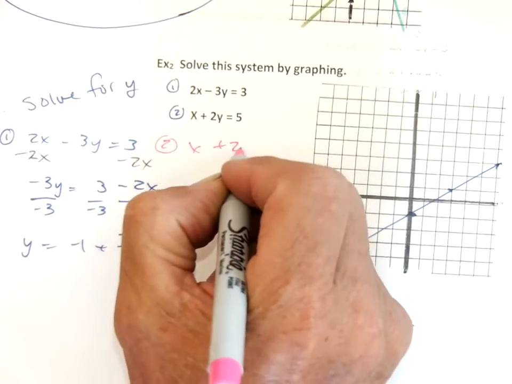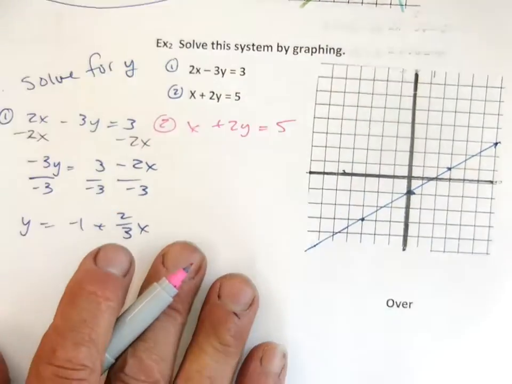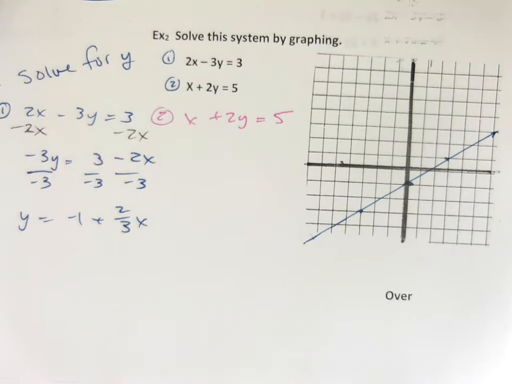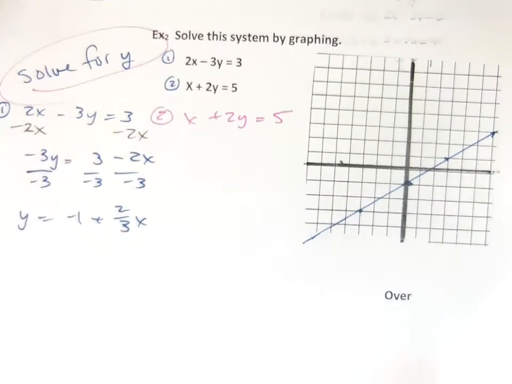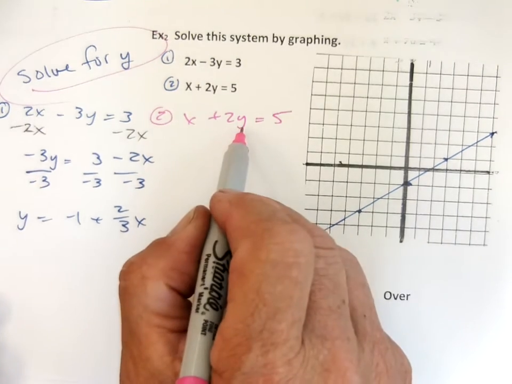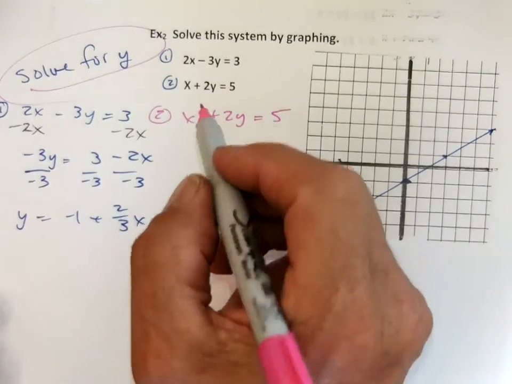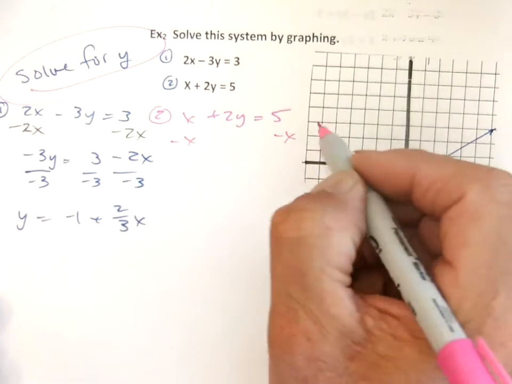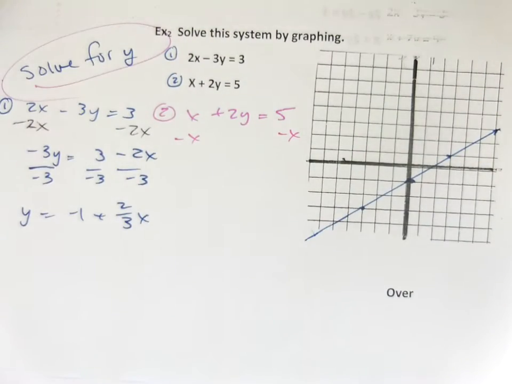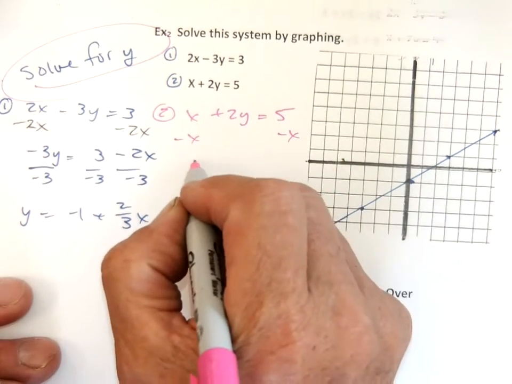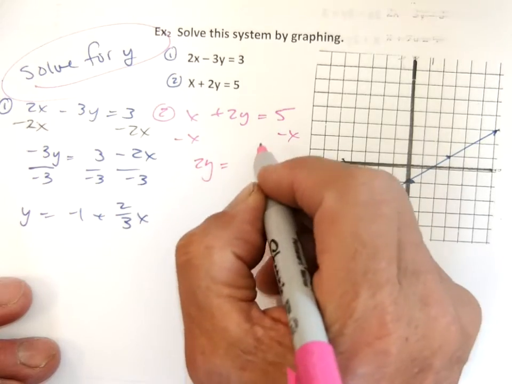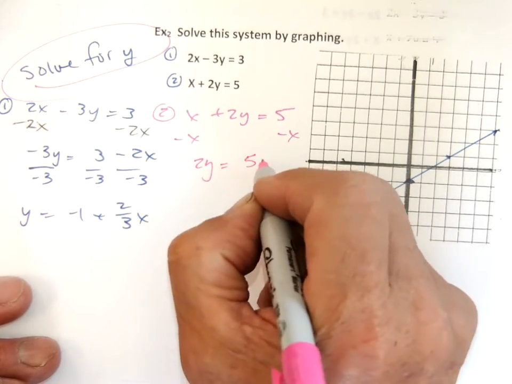x plus 2y equals 5. Same thing. I've got to solve for y so that I can have a slope and a y-intercept. I need to get everything away from the y. Minus x, minus x as my first step, because I'll get rid of the x. X is gone, so I'll have 2y equals 5 minus x.